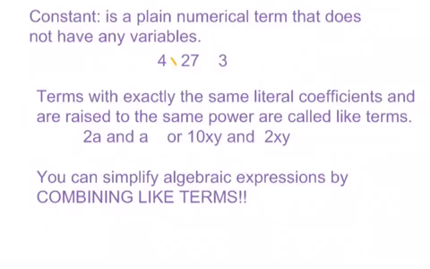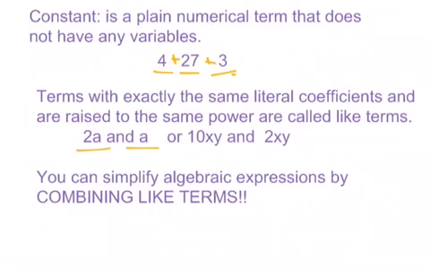So if we had like 4 plus 27 plus 3, these are all constants, or just plain old numerical terms, okay? Terms with exactly the same literal coefficients that are raised to the same power are called like terms. So right here we have 2a and a, all right?